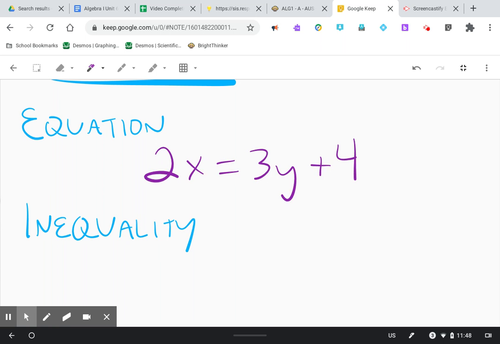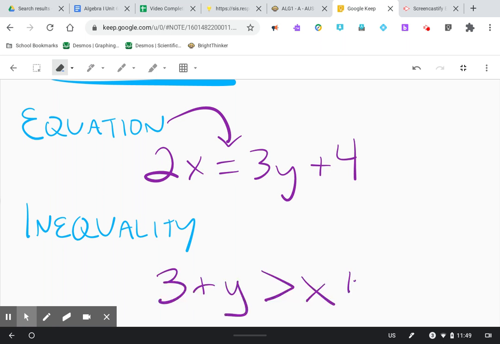That would be an equation. And again, the key here is that there is an equal sign. Whereas an inequality is going to be something like this: 3 plus y is less than x minus 7. Okay? Here, there's an inequality symbol.